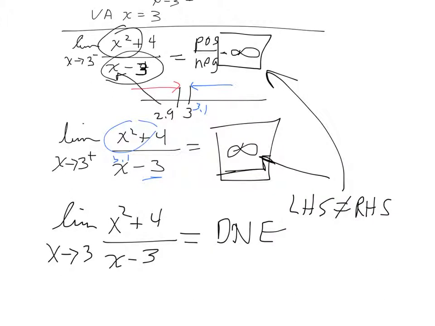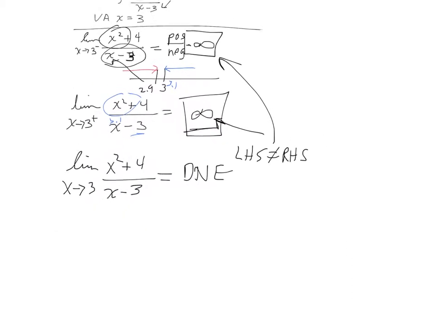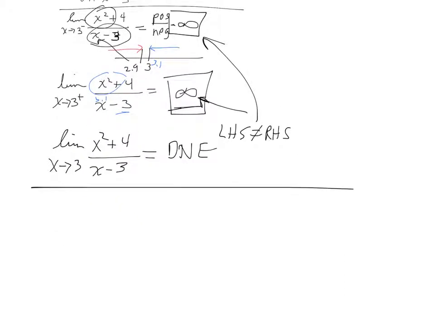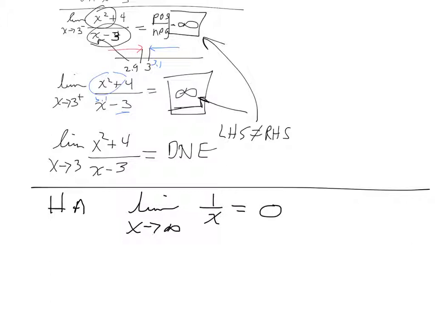Another thing, not really a review, but a reminder, because students get these mixed up a lot. Remember the horizontal asymptote was when we had our function heading to infinity, because the bottom here is getting very, very large, meaning we're going to have 1 over a very, very large number, which is a very small fraction, basically 0.